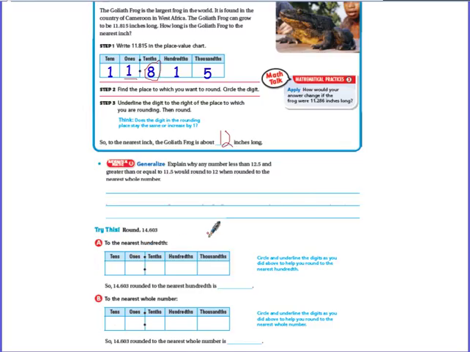Now let's try these. Please do them and then check back.